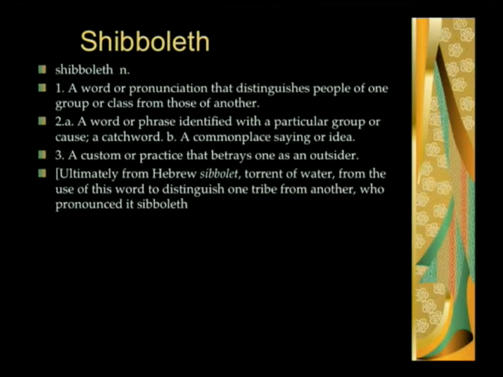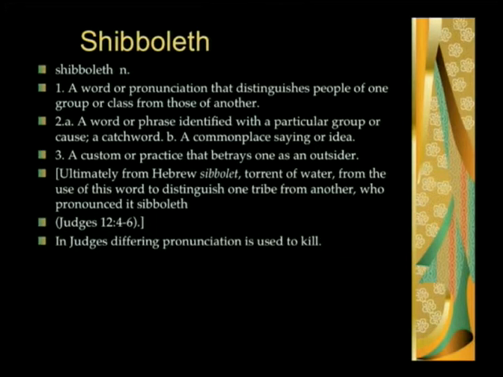So ultimately, this word is from the Hebrew shibboleth, which means a torrent of water. From the use of the word, this is a biblical reference in Judges, to distinguish one tribe from another, who pronounced it sibboleth. So S instead of SH.